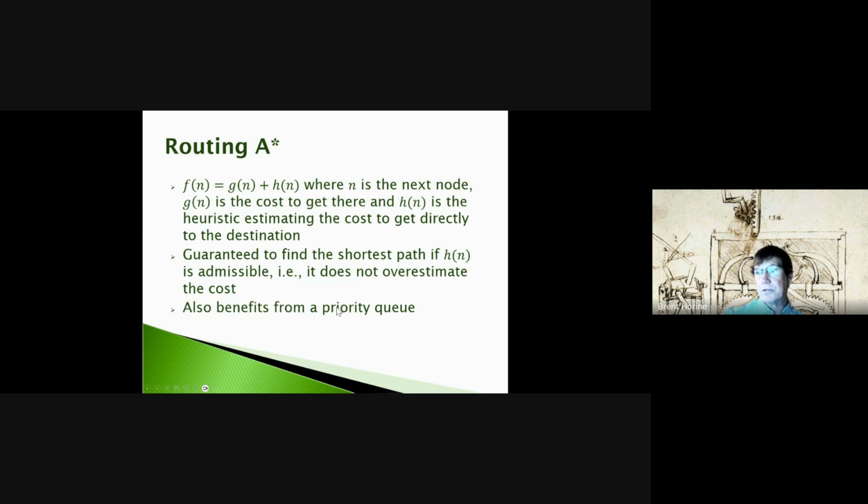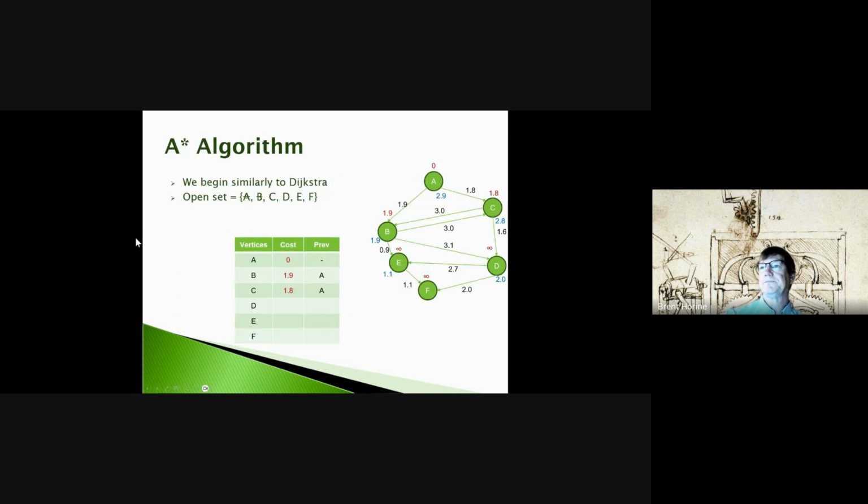So this also benefits from a priority queue in case you're interested in implementing it, right? So we begin very similarly to Dijkstra. We have this open, I'm going to call it open set this time. There are some subtleties in this one. And we're going to start at A, but I've already jumped down and evaluated B and C, right?